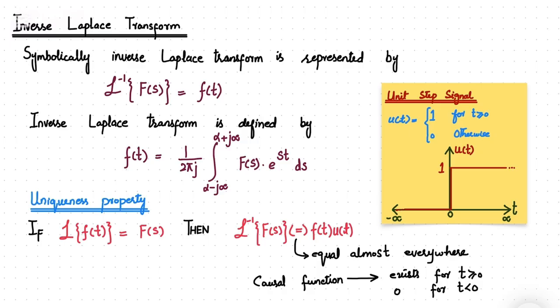Whenever we multiply a function by the unit step function, the result is always a causal function, and a causal function is one having amplitude equal to 0 for t less than 0 and amplitude existing for t greater than or equal to 0. It means when we calculate the Laplace transform, our function should be a causal function.